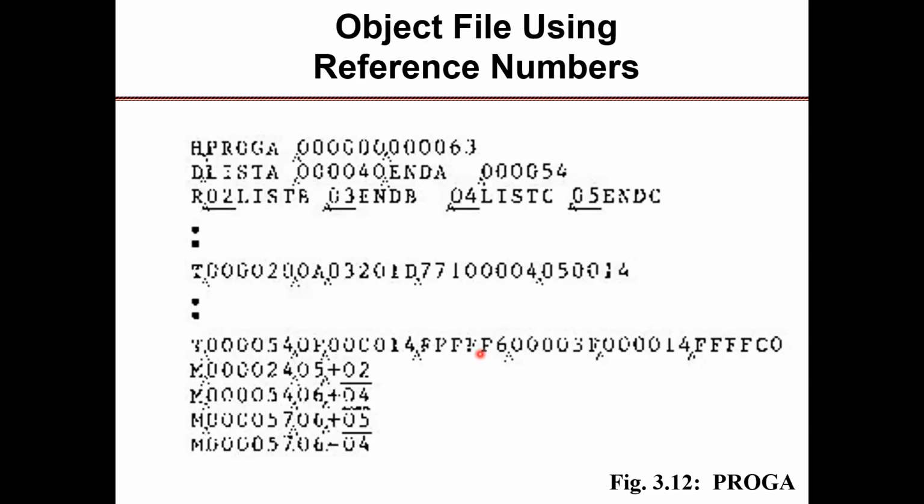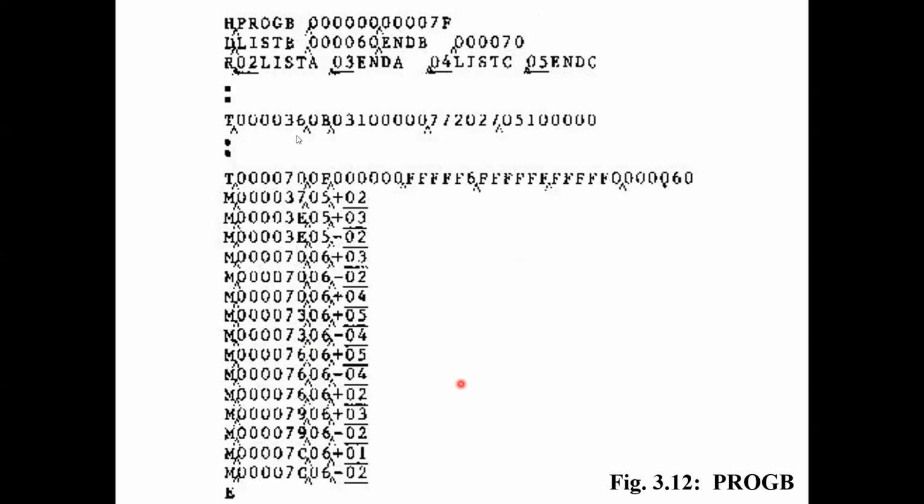Okay, and we'll do that for each of these control sections. There's control section prog A, where we've done that, and we'll also do the same thing for prog B, where we'll have now 2, because we'll reserve 01 to be the control section name itself. We saw that previously.